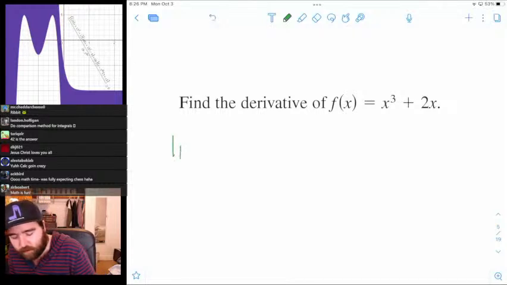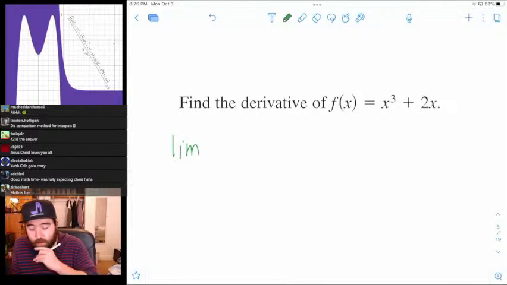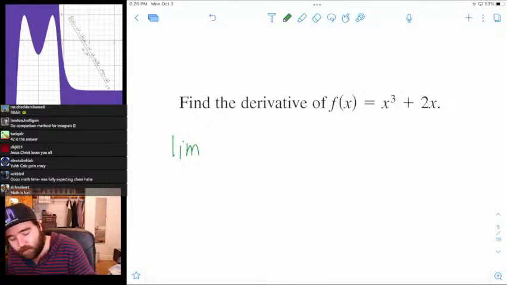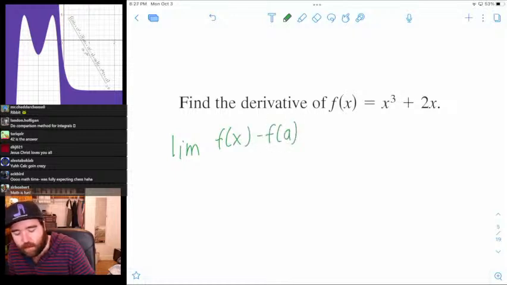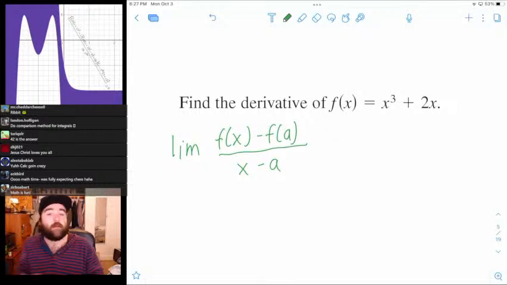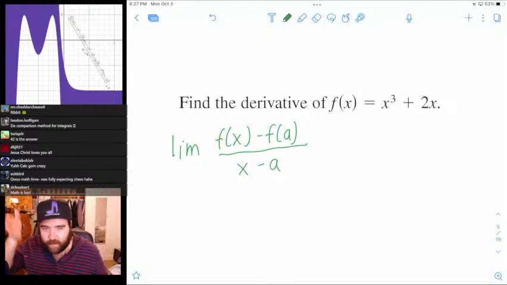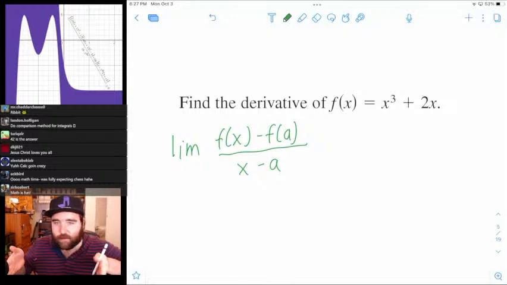The other one, so what was the idea? I'm going to try to say it in words. In the other one, we were taking 2 points. We were taking 2 x values. The one x value was x. The other x value was a. And so we were doing f of x minus f of a over x minus a. So see, that's the slope between the 2 points of x equals x and x equals a.